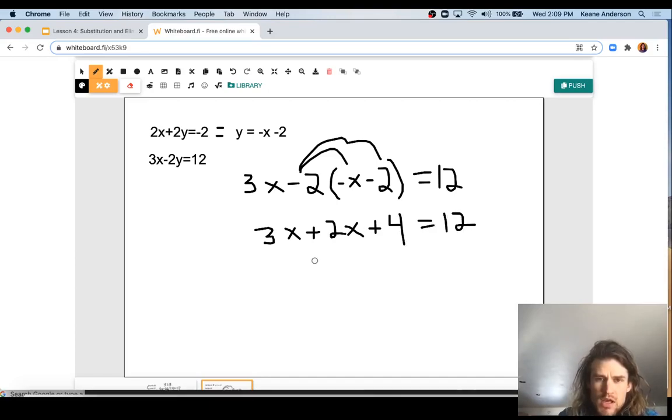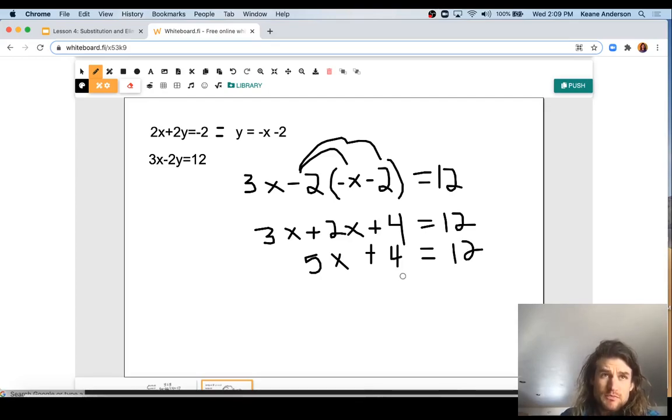Okay, there we go. So we're going to end up with 5x plus 4. I'm just combining my 3x and my 2x. Total x's equals 5. Have I made any mistakes? No, I don't think I have. Equals 12.